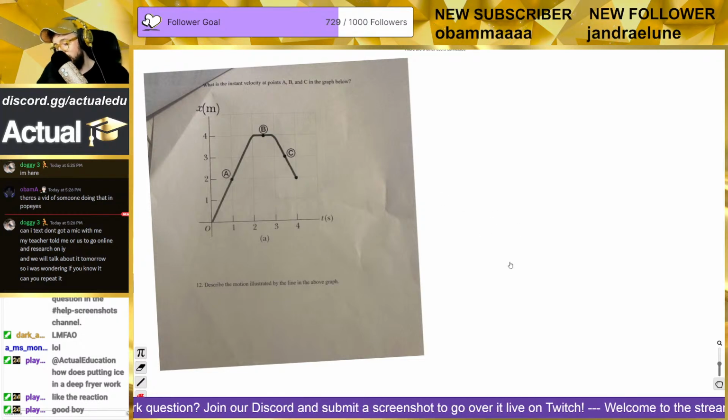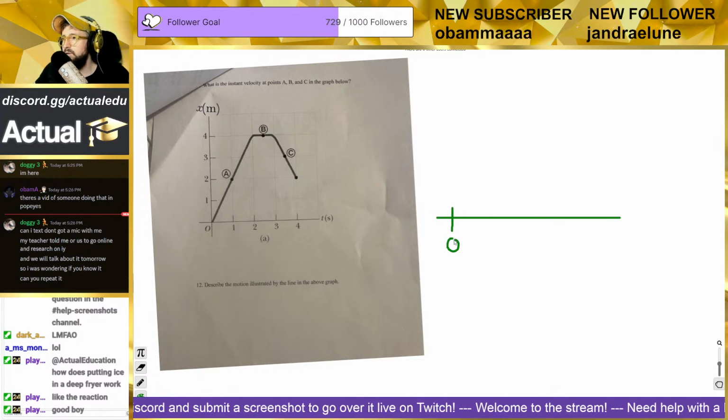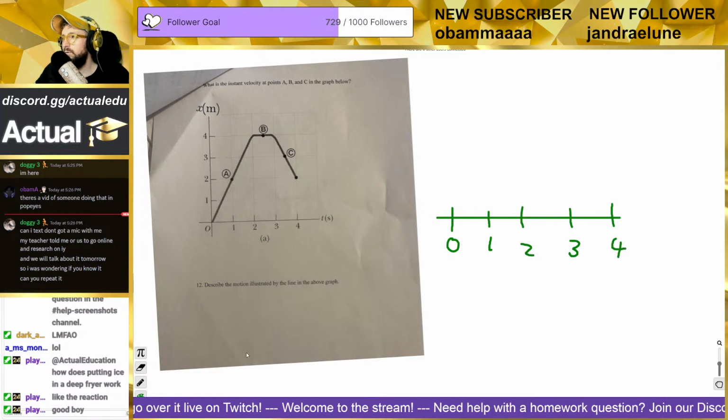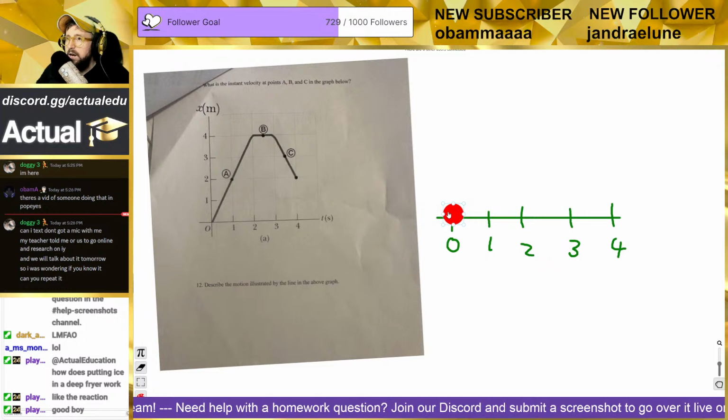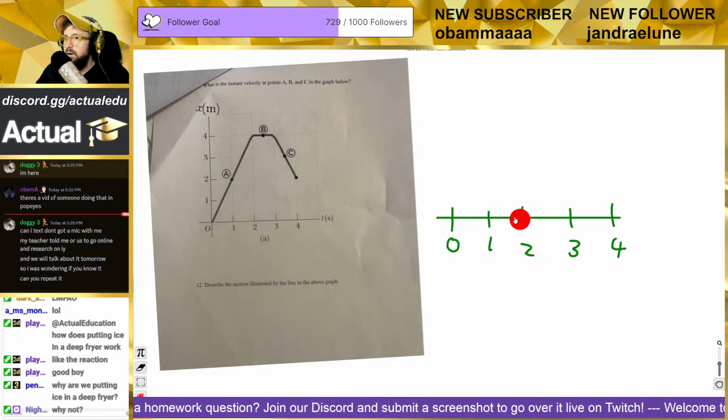And then if we wanted to show what this looks like on a number line, let's do 0, 1, 2, 3, 4, right? And then here, let me take a ball. Okay. So at t equals 0, when you're at 0 seconds, it's here. After 1 second, it's moved here.